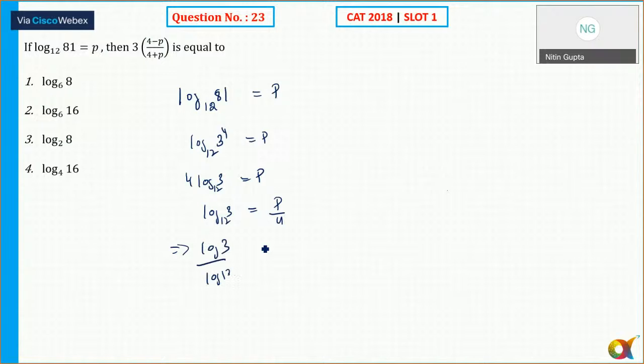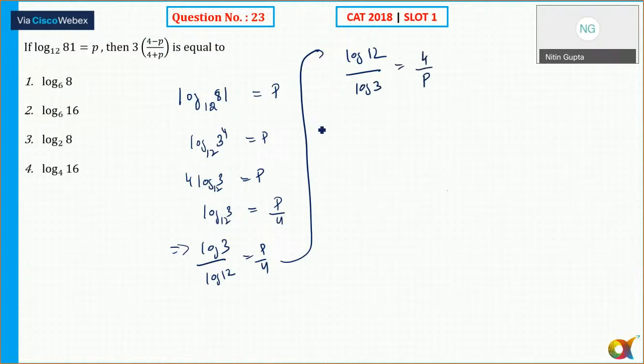Or if I take the reciprocal of this, that means log 12 by log 3 is equal to 4 by P. Use componendo and dividendo, which means log 12 minus log 12 plus log 3.